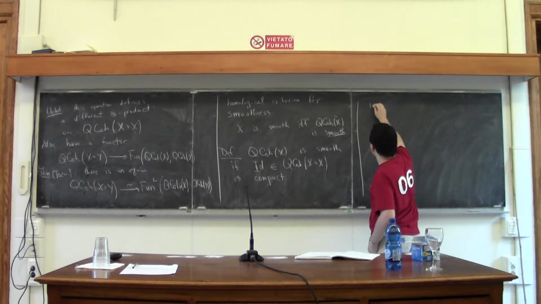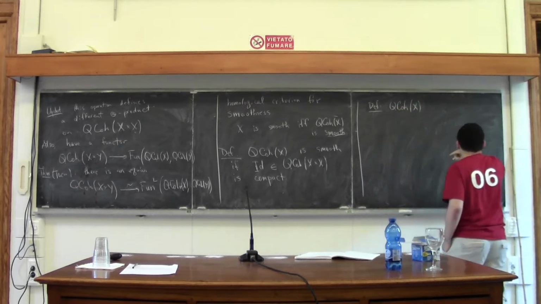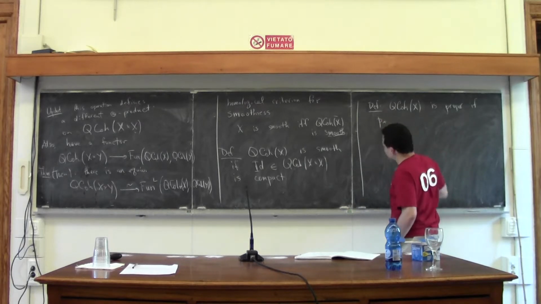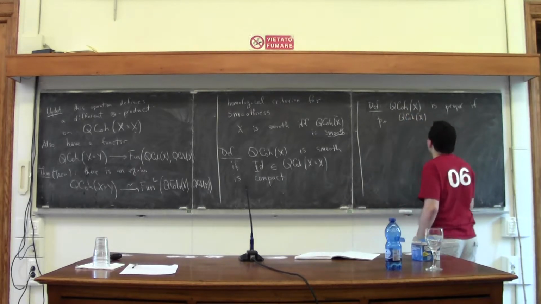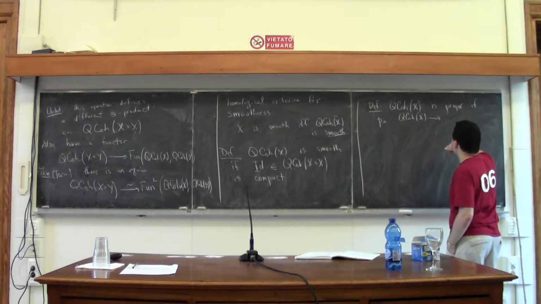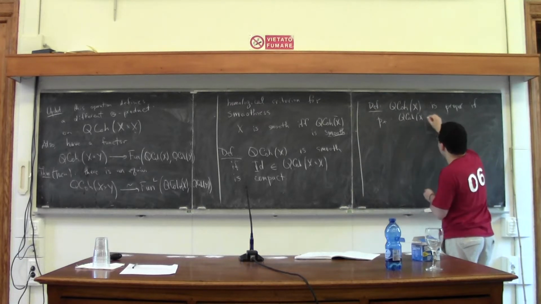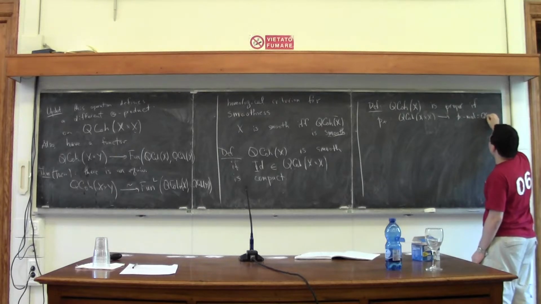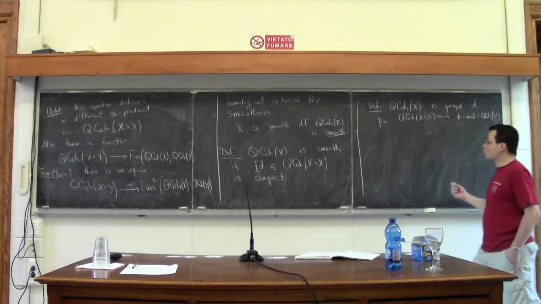So, definition: X is proper if, let me say it like this, there's a natural push-forward functor, which you can define in terms of... hang on. If this push-forward functor preserves compact objects.